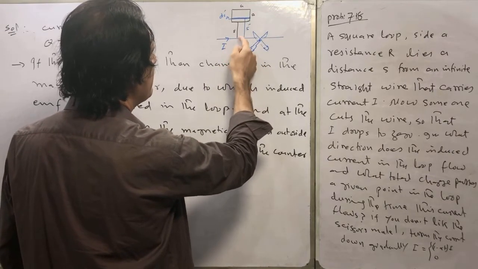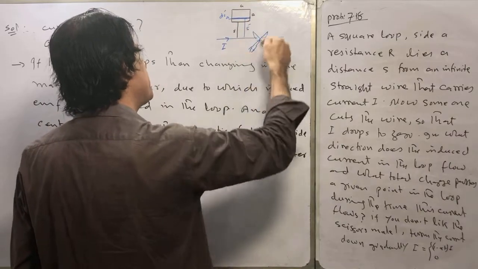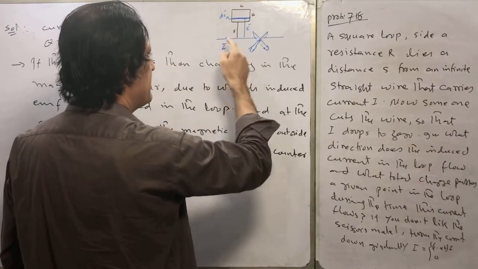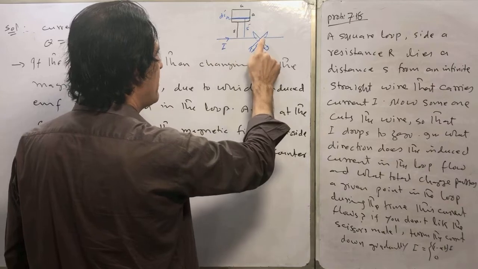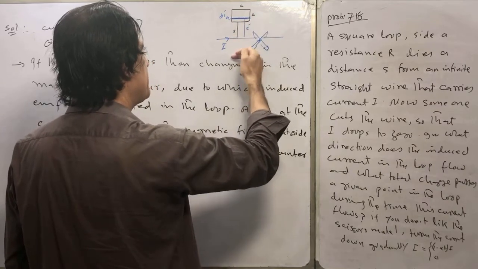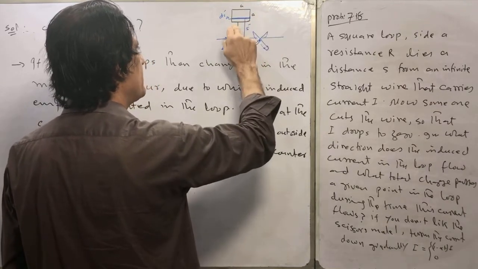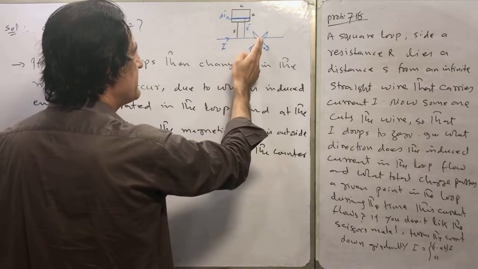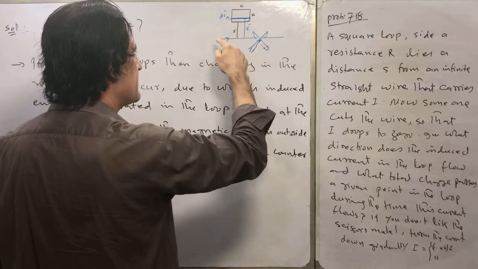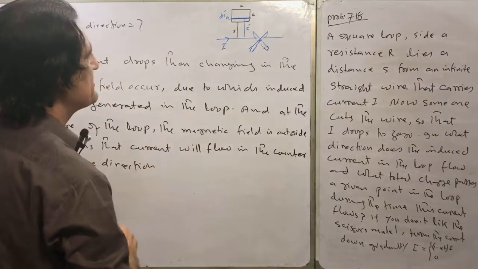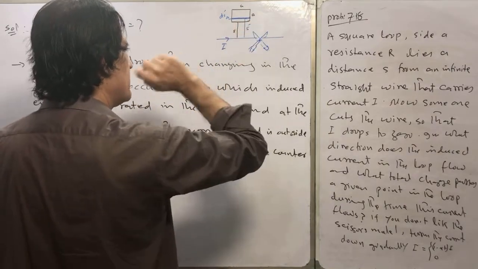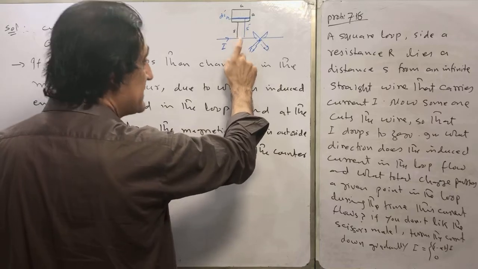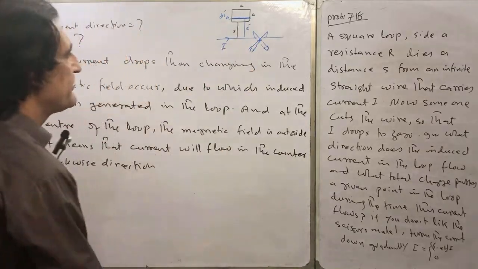This wire has its own magnetic field passing through the loop, and as the current gradually drops, the magnetic field also changes.